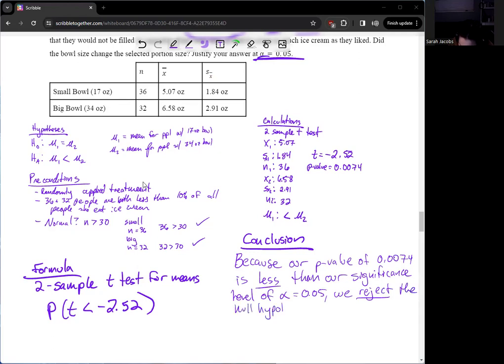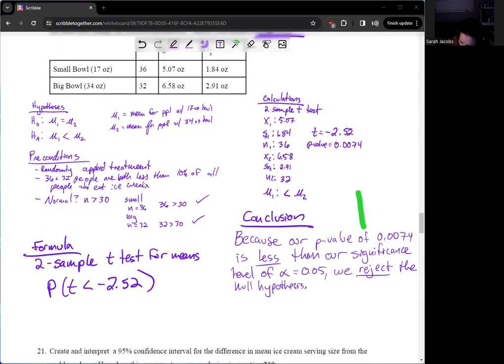And you can use H0 here too. Okay, that is sentence one. The first sentence is about the null hypothesis.